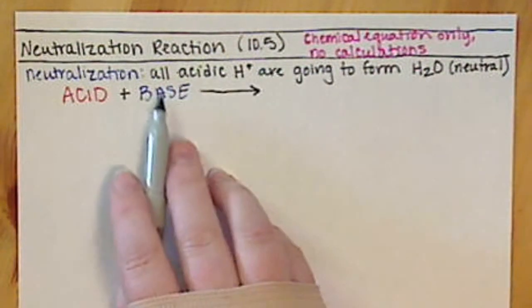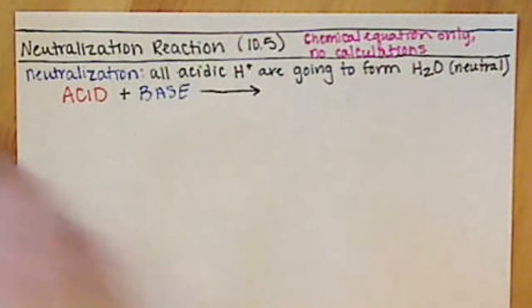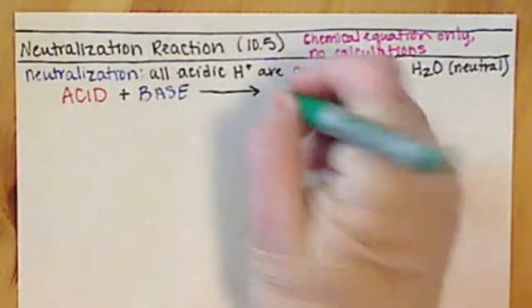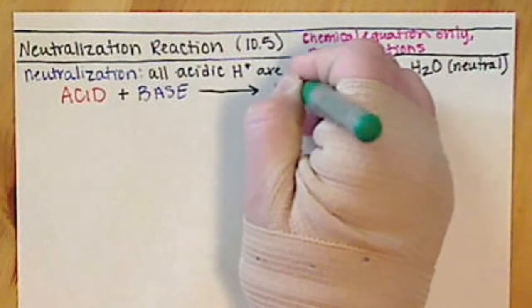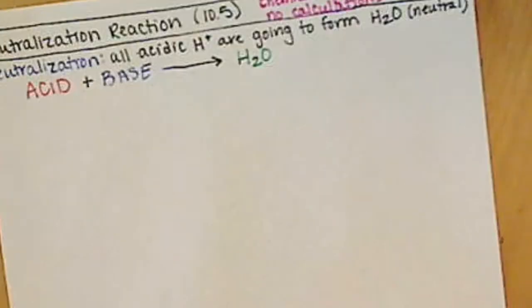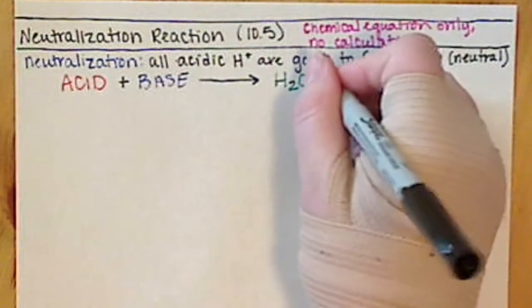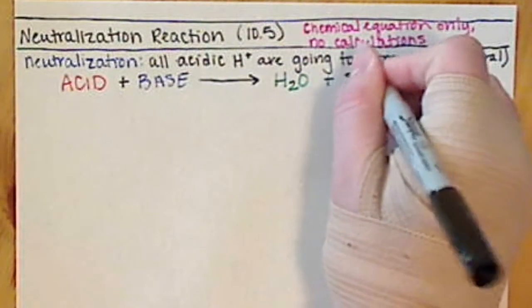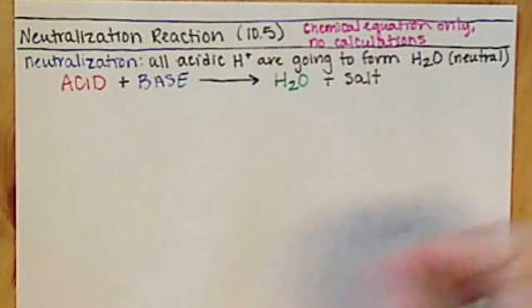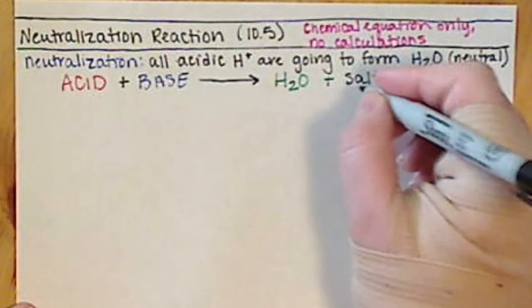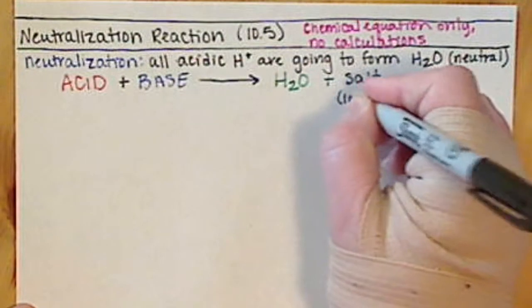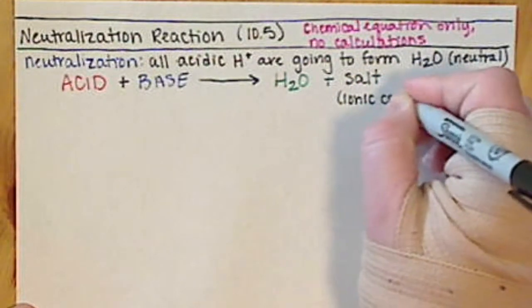We're going to get an oxygen and a hydrogen from the base, and that's going to form water. And then what's left over is going to be a salt. Another word for salt is an ionic compound.